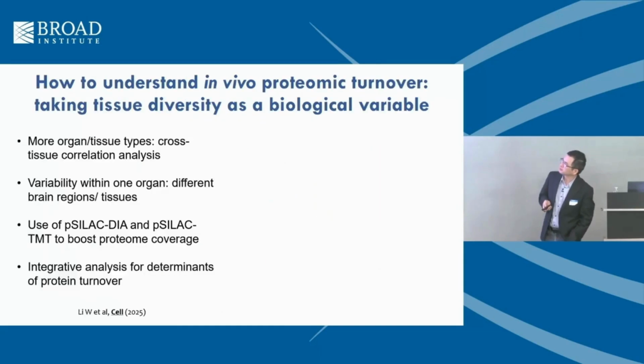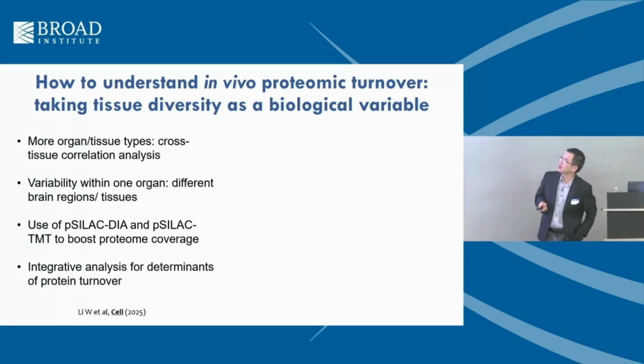I would also talk a little bit more about a recent study today, in which we look at the proteome turnover and the phosphoproteome turnover in a lot of mouse tissues. The idea here is that we can use the diversity of the tissues as an important biological variable to better understand how these protein turnover rates are determined in the organism.